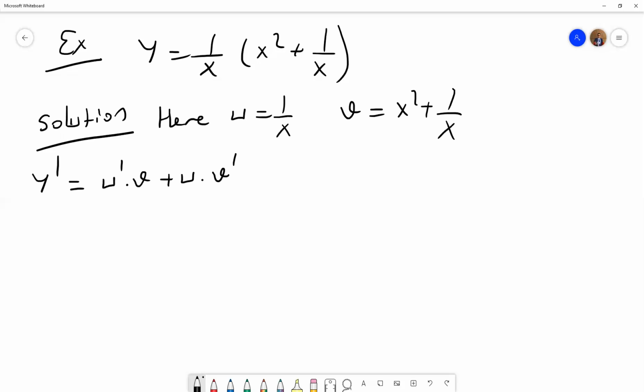So then we have to find u prime and v prime. For u prime, we know that 1 over x means x to the minus 1. We can also do it as a subject, but not now. In this lecture also, we can do this.